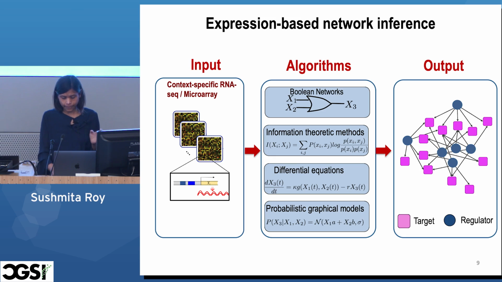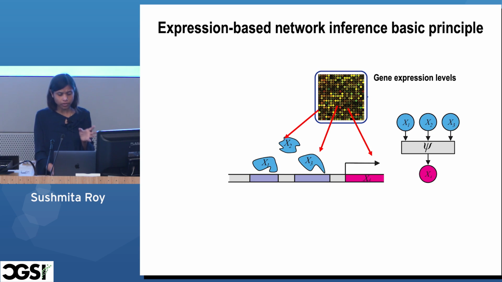There are a lot of methods out there, but the general principle of all of these methods is that the regulators of a gene are those that explain the expression of a target gene well. So they are trying to learn these predictive functions.